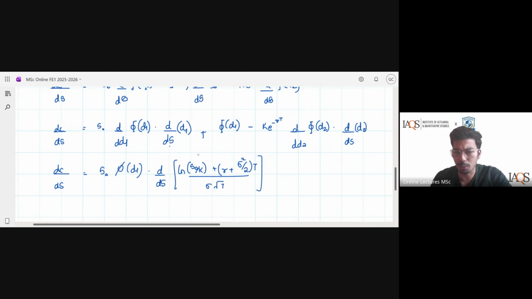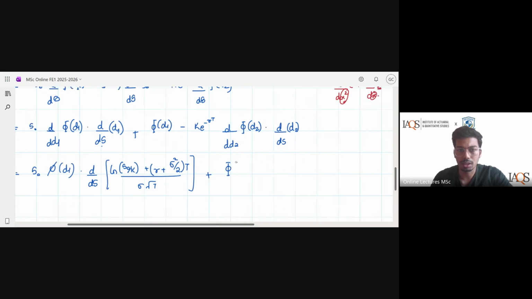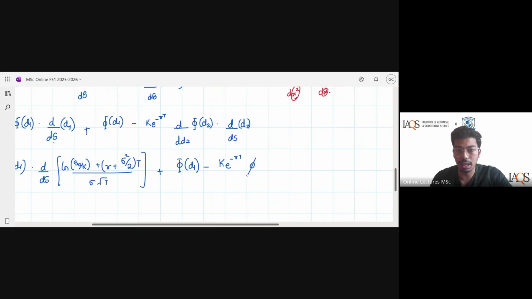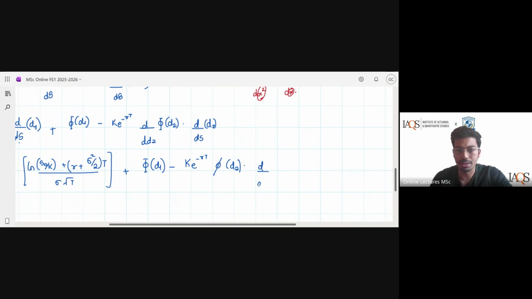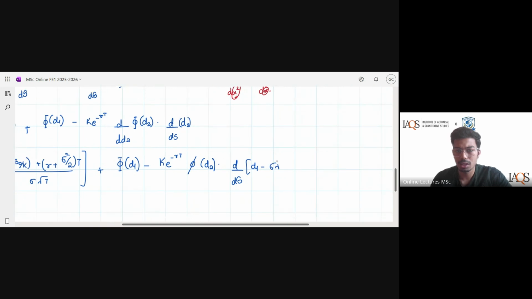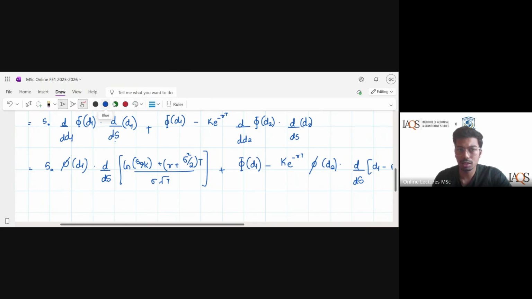I just substituted the equation of d1 over here, plus phi of d1 minus k into e raised to minus rt. Similarly, can I write this as PDF of d2 into d by ds? I know d2 is d1 minus sigma root t. This we've established when we did the Black-Scholes derivation. Any doubts over here? Anyone?